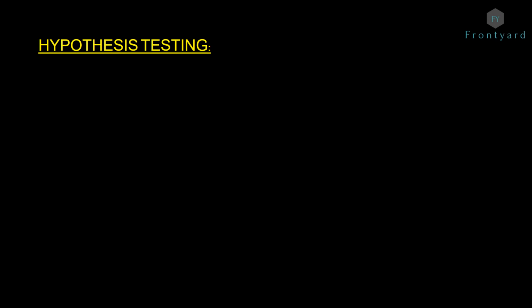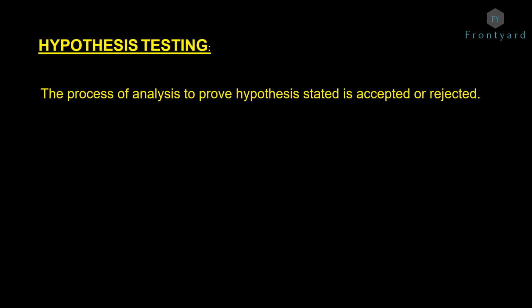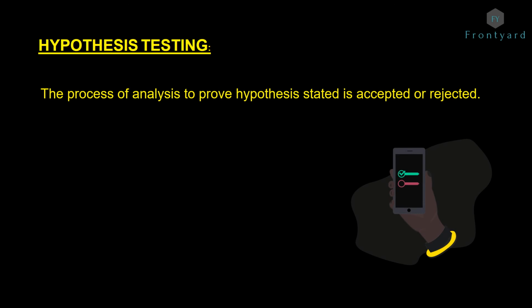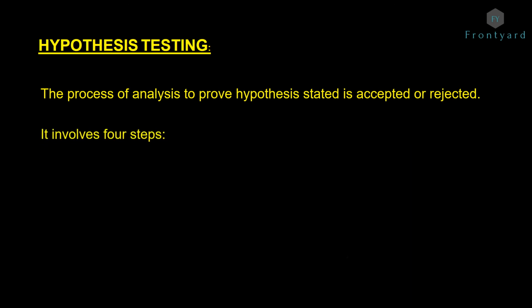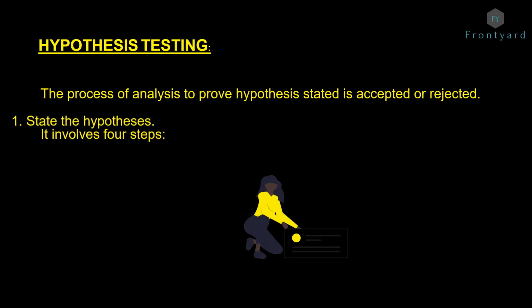Now let's see what hypothesis testing is. It usually refers to the process of analysis done by statisticians to prove whether the stated hypothesis is accepted or rejected. It involves four steps. The first step is to state the hypothesis. For example, the hypothesis may be that the population and the sample mean are the same.